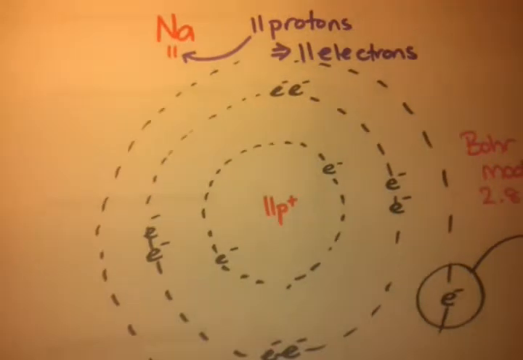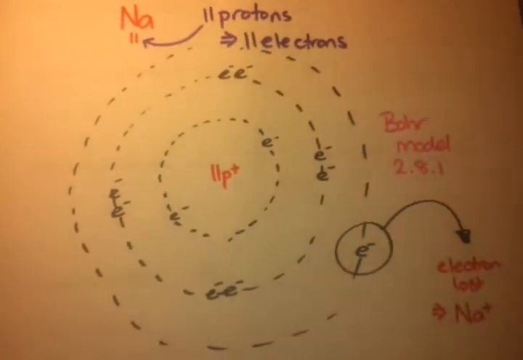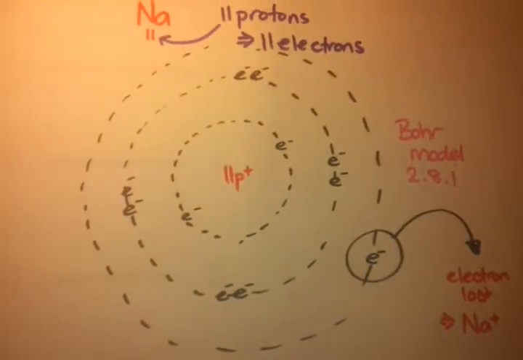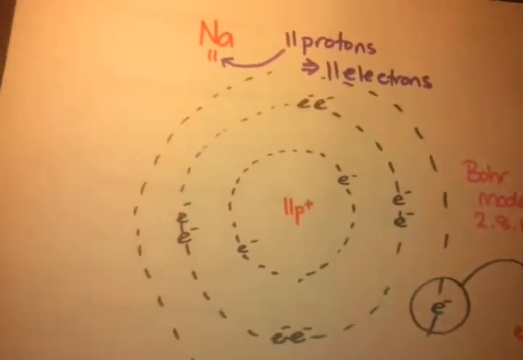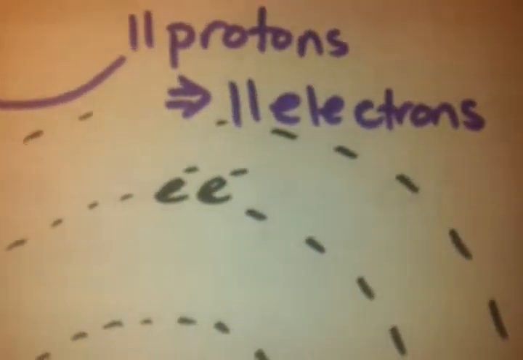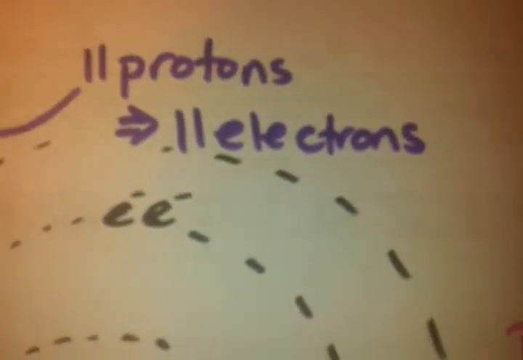So our traditional model, or Bohr model, that we have always been taught at school, has basically had this overview. If we have a look at sodium, which has got the atomic number of 11, that means that it's got 11 protons, and because atoms are neutral, 11 electrons.